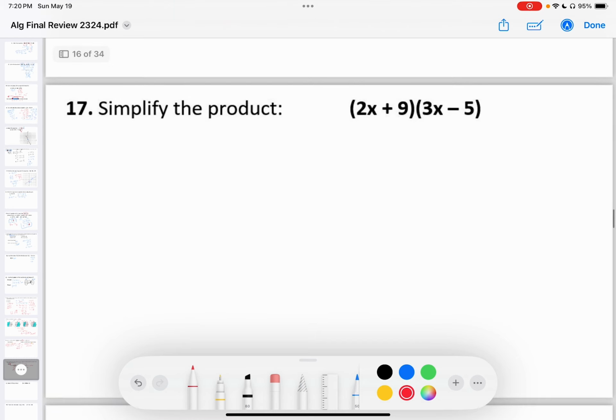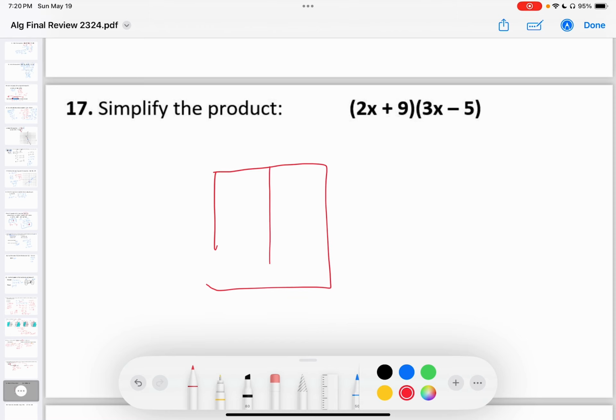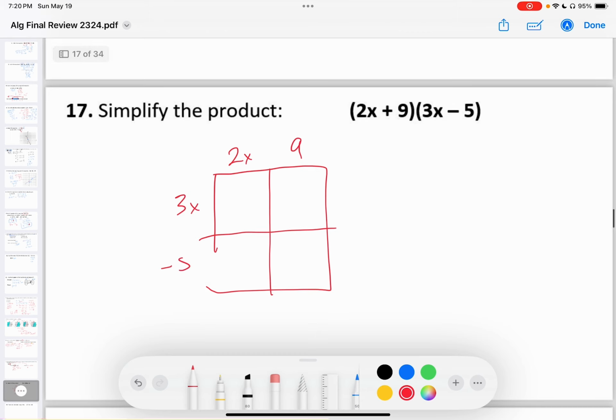Simplify the product. We've got our foil or our box, however you want to do this. We did a lot of boxes with this one. So 2x there, positive 9 there, 3x and negative 5, and we'd multiply 2x times 3x, or 6x squared. This one will be 3x times 9, or 27x.